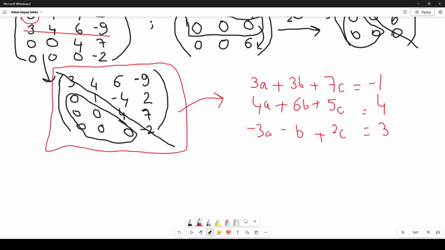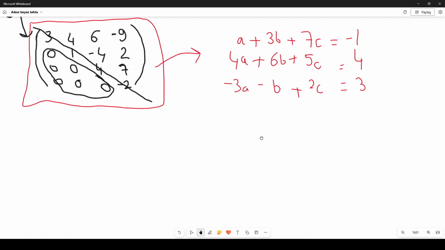Suppose this is the system of equations given to us to solve. Let's make it even simpler. Now I have a system of linear equations, right?